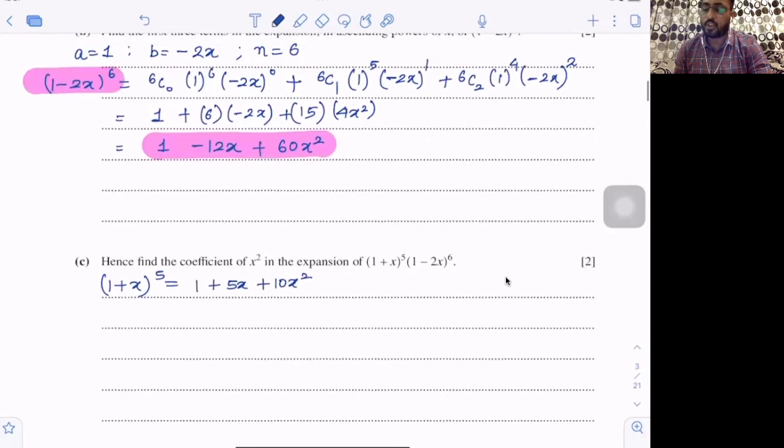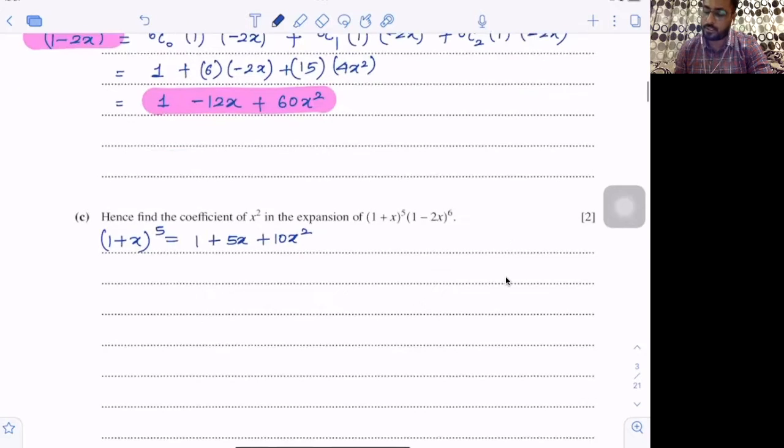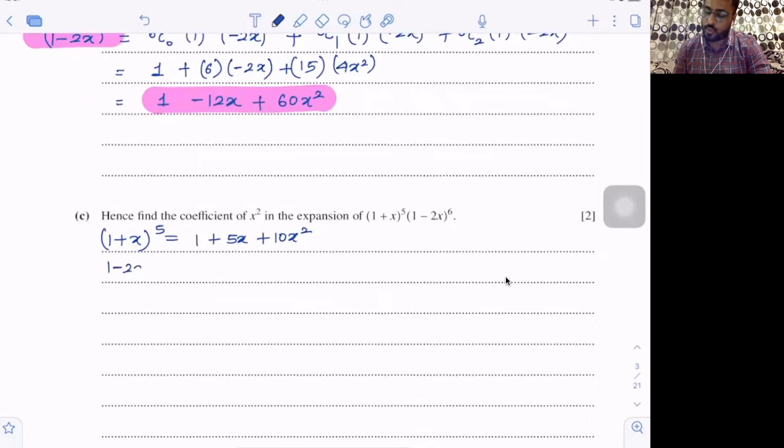And students, the expansion of 1 minus 2x to the power 6 has come 1 minus 12x plus 60x square. Now, of course, if I want to write one more term ahead of it, the term would be minus some coefficient and x cube.